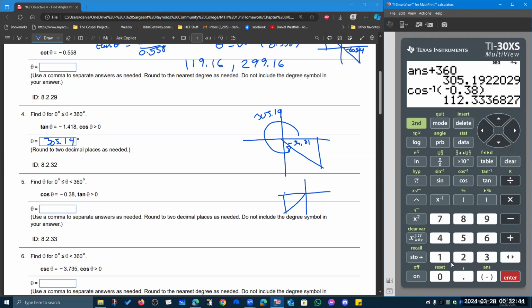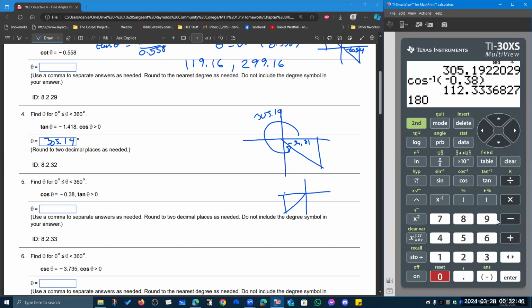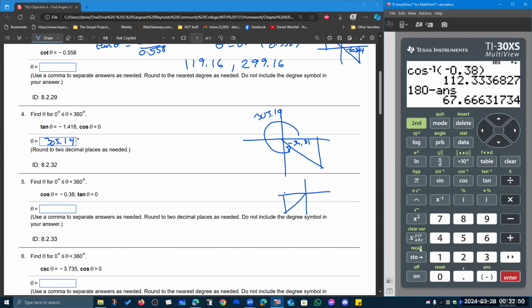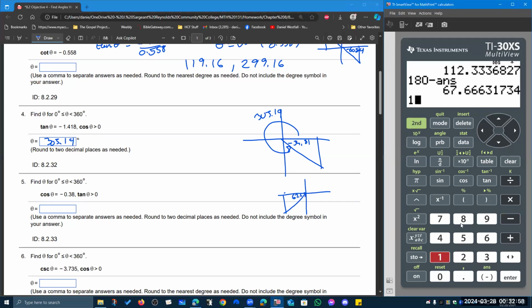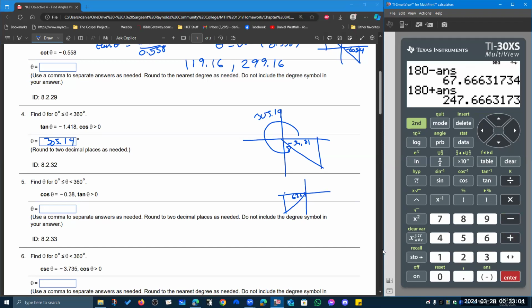I need to find the reference angle. So 180 minus that answer is going to give me a reference angle of 67.67. And 180 plus that is going to give me an angle between 0 and 360 of 247.67.